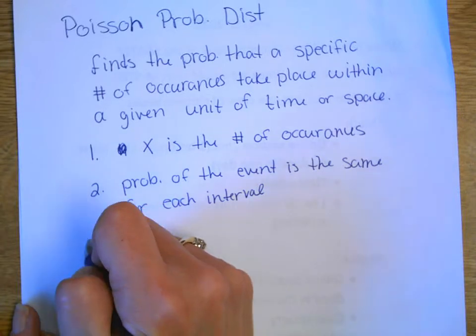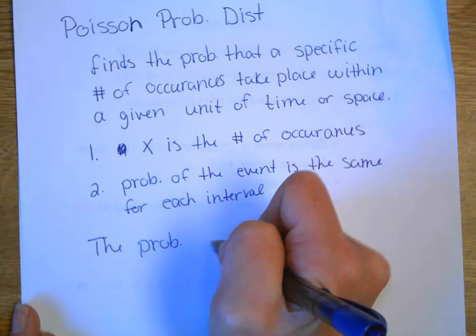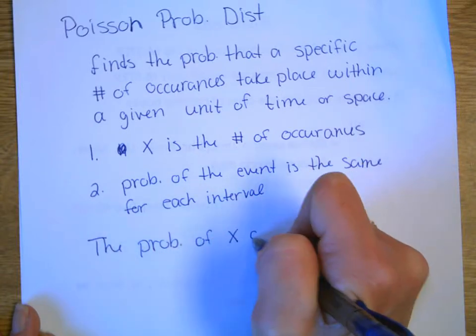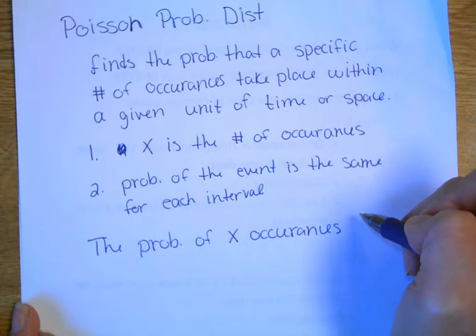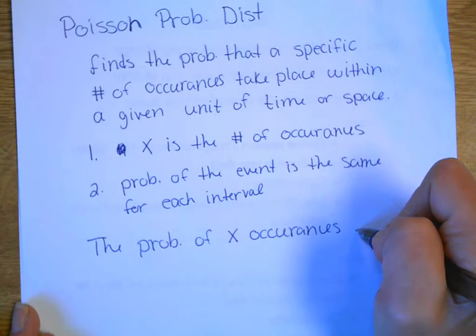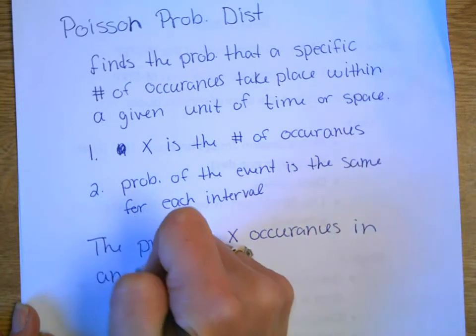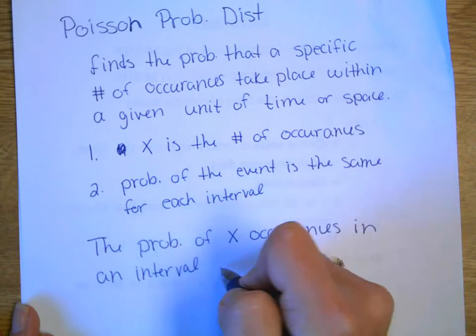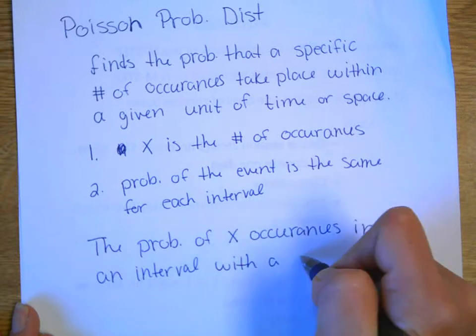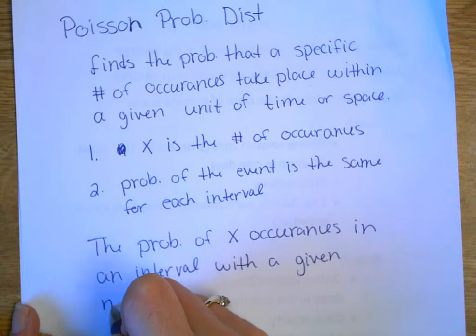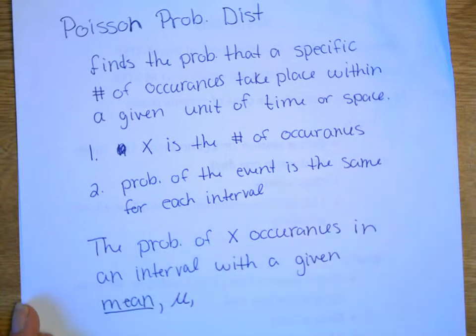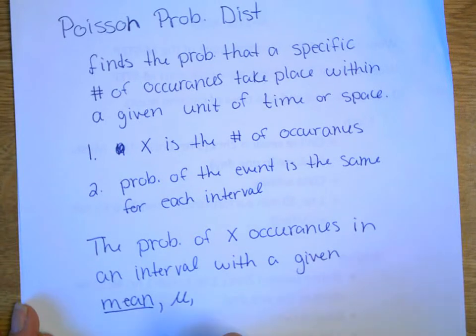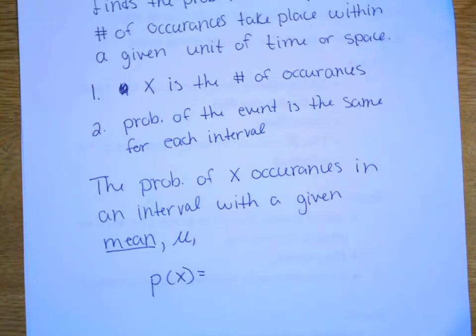So our by-hand formula: the probability of X occurrences in an interval with a given mean is... So, like I said, this is the only one of the three where they have to give you an average.